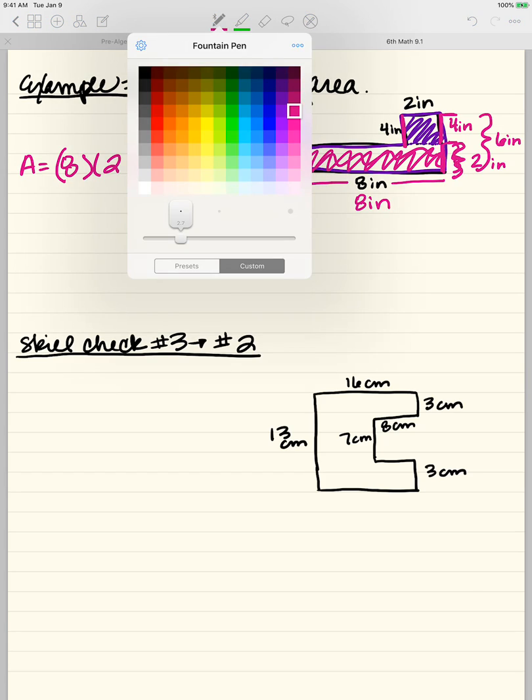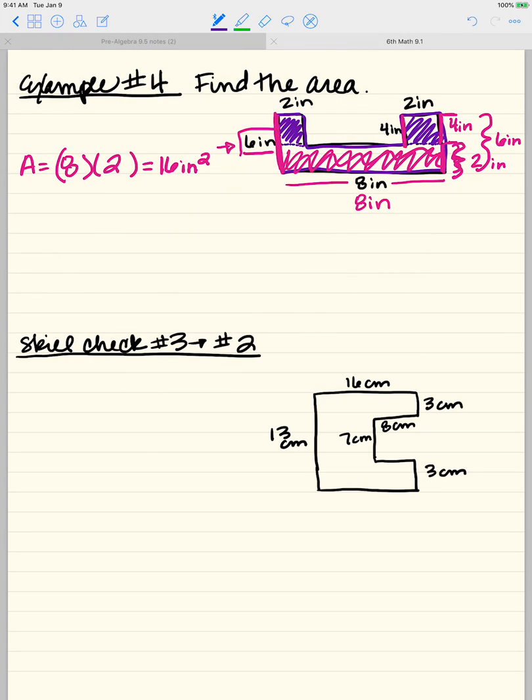Now we need to figure out the area of my 2 purple rectangles. Look at this purple rectangle right here, okay? We are given a base of 2 inches, and we're given a height of 4 inches.